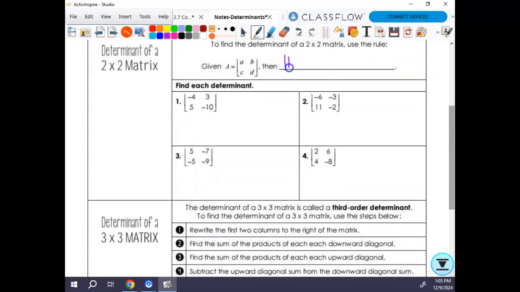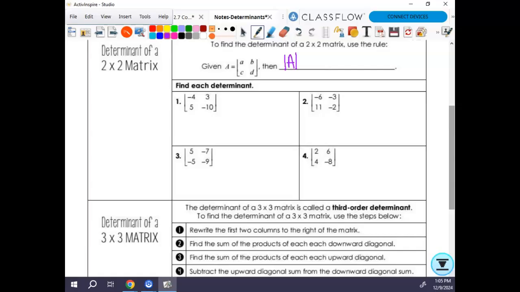The determinant of A looks like absolute value, but it's not really what it means. We're going to go with a down and up type of thing, like you're doing a crossword. The order isn't quite as important with the 2 by 2, but if we're consistent, the 3 by 3 will make more sense.